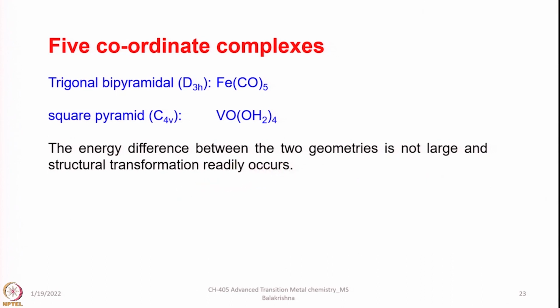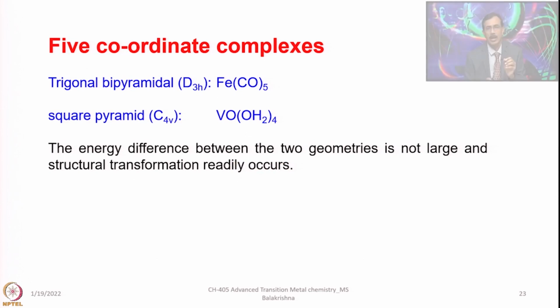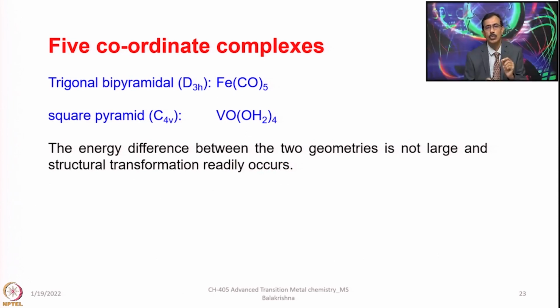If you consider any complex having coordination number 5, you can always think of 2 structural isomers, one is square pyramidal, one is trigonal bipyramidal, and if the energy difference between the 2 geometries is not significant, then you can come across some sort of fluxional behavior and switching from one geometry to another.